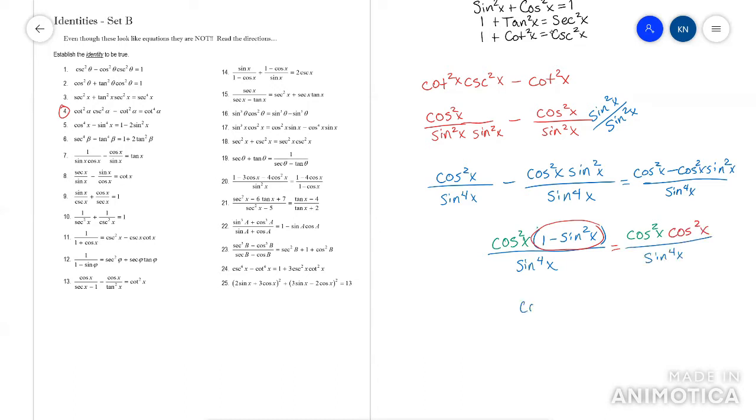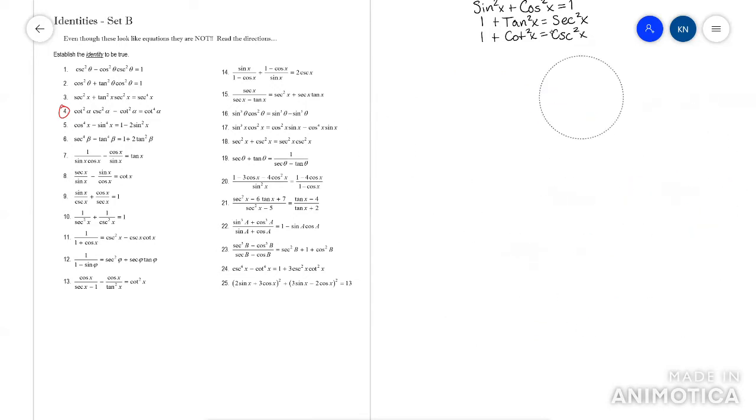So it's really like you have cosine 4 over sine 4, which is cotan 4, which is what they wanted. And by the way, you don't necessarily have to do it this exact way. This is just the way I chose to do it. So that would be how you do number 4. All right, number 5.